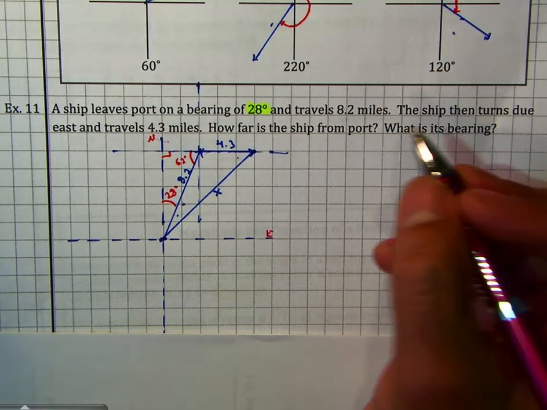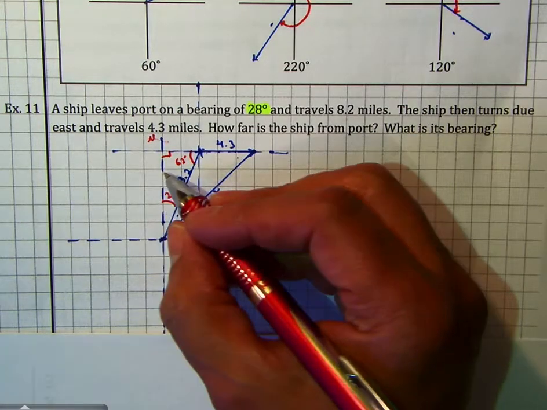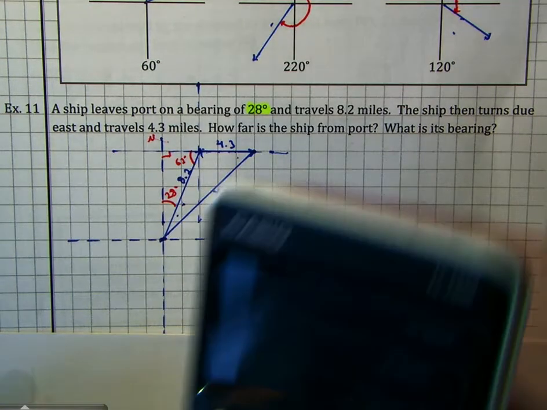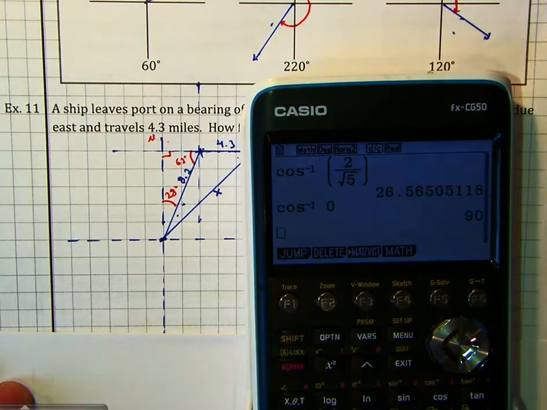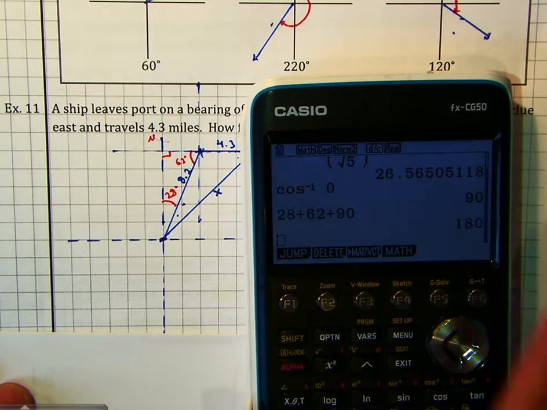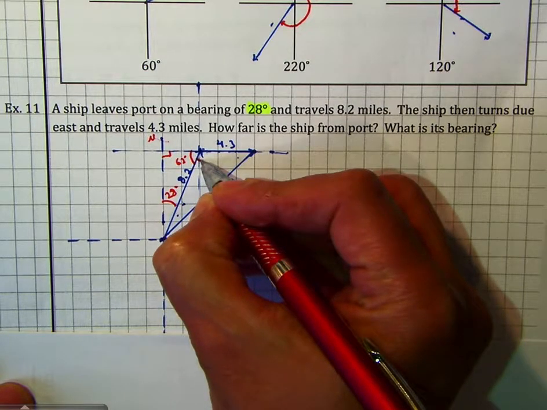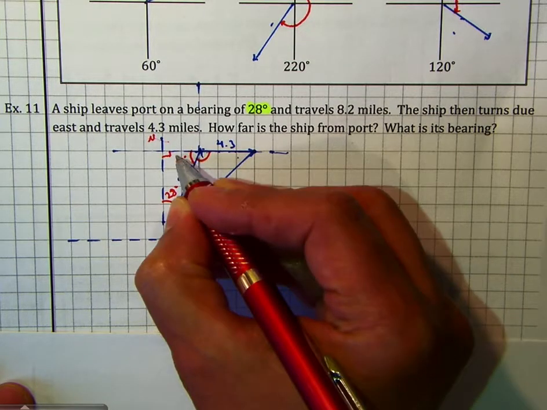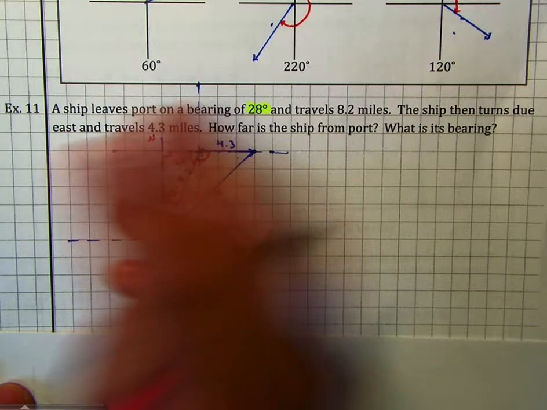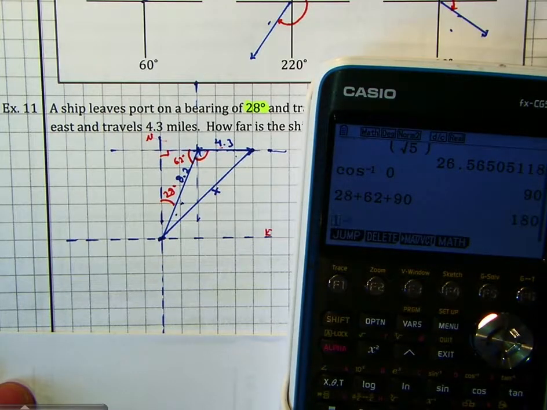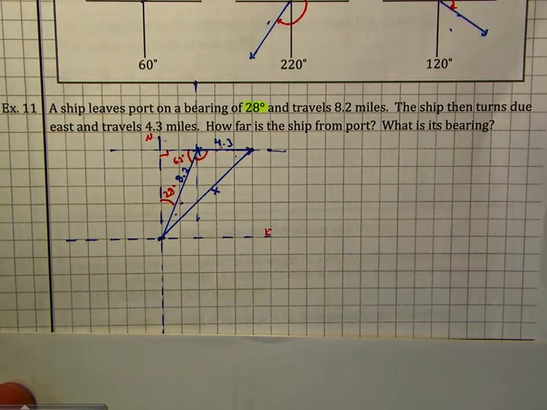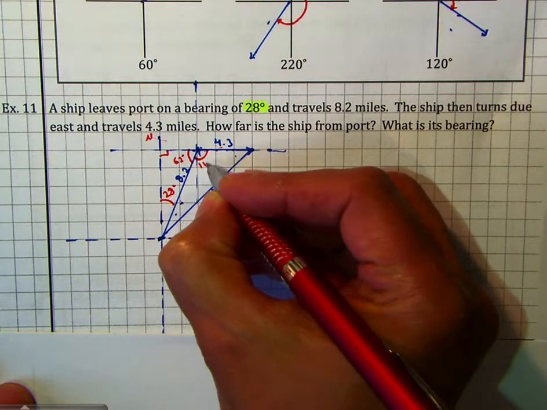Do you agree? 62 plus 28 plus 90 should be 180 degrees. So therefore, that's correct. And therefore, I know that these two angles are going to be a linear pair. So I'm going to do 180 minus 62 will give me 118 degrees. So therefore, that will be 118 degrees.